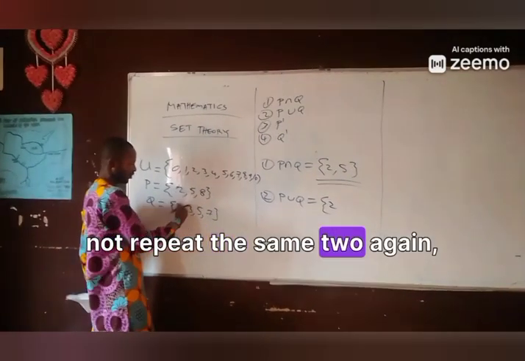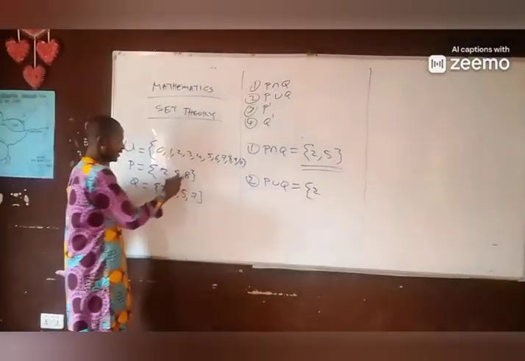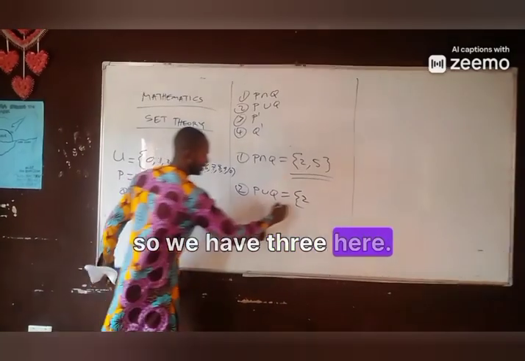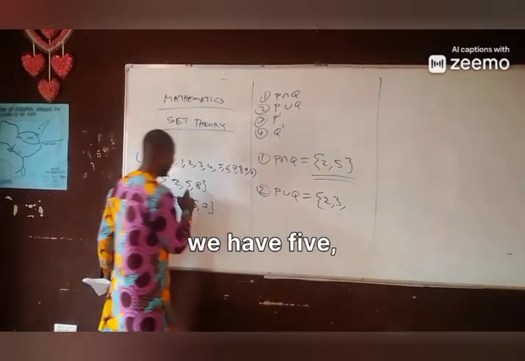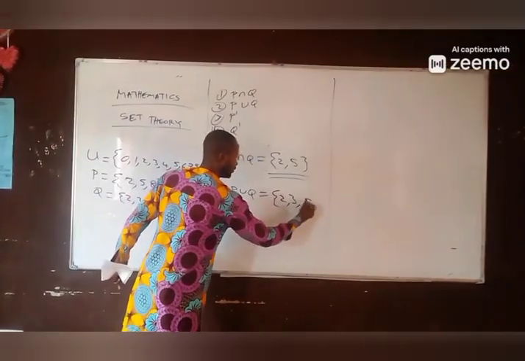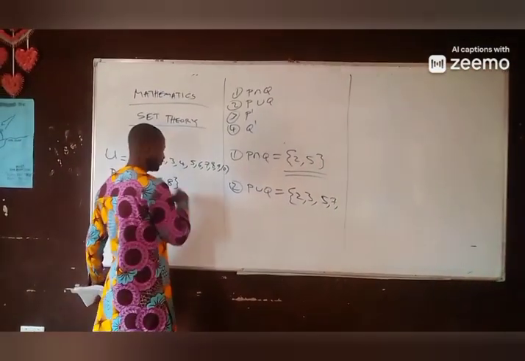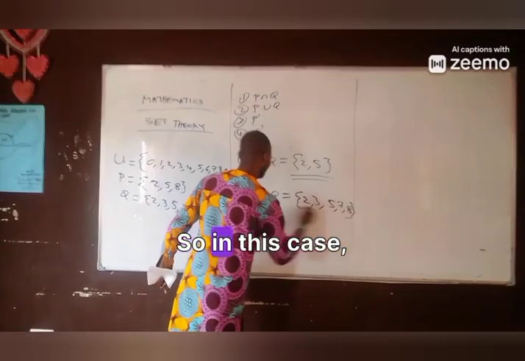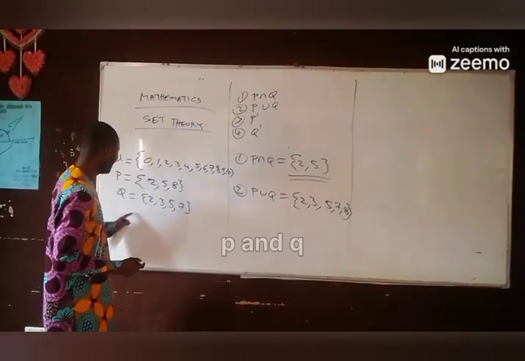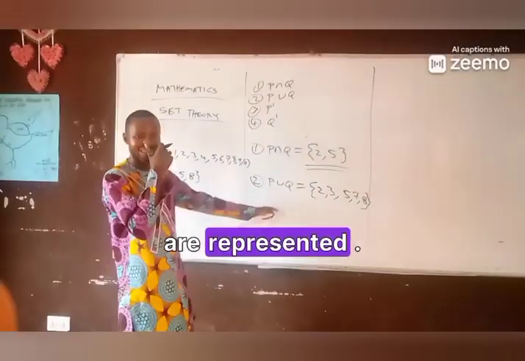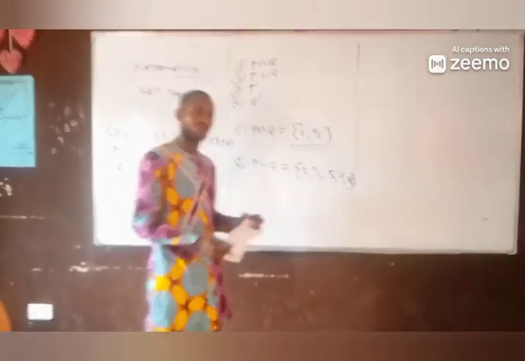We will not repeat the same 2 again, although it's in two places. We have 3, we have 5, we have 7, we have 8. So all the elements in both P and Q are represented here. That is P union Q.